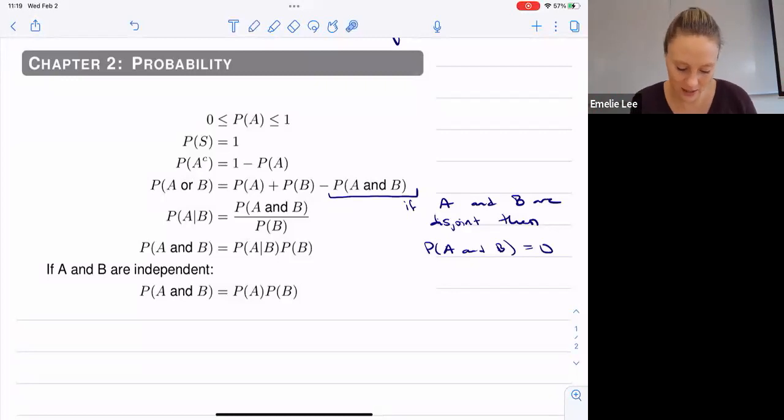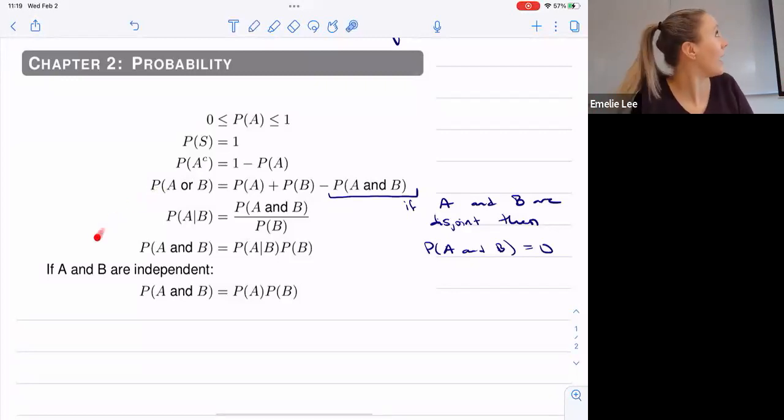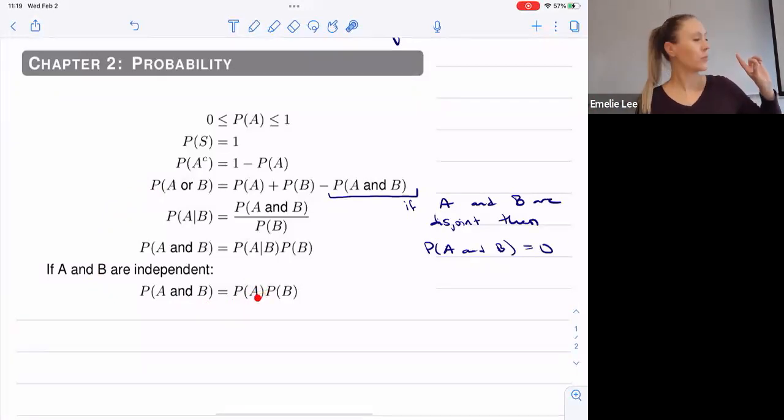And then we skipped ahead to the independent definition, but I put it at the bottom. The reason is that if I ask you to solve for the probability of A and B, most people tend to gravitate towards this formula, but be careful, because this formula only works if A and B are independent.